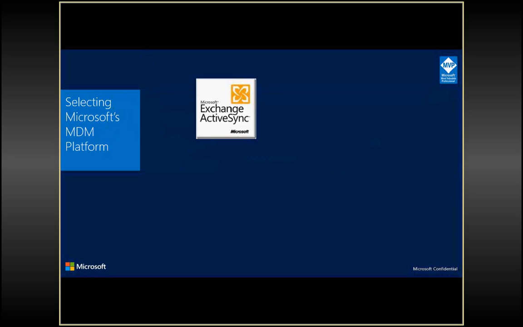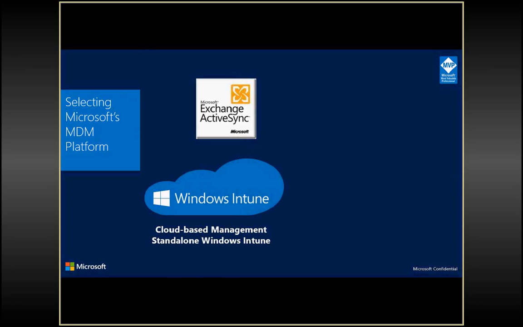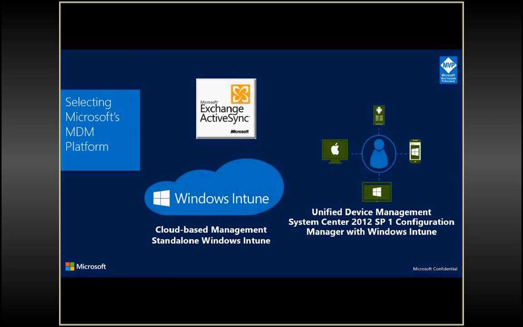For mobile device management, Microsoft has 3 technologies. First of all, there is Exchange ActiveSync, which provides the most limited management functionality. Then you have Windows Intune, and the third one is when you integrate Windows Intune to System Center Configuration Manager.